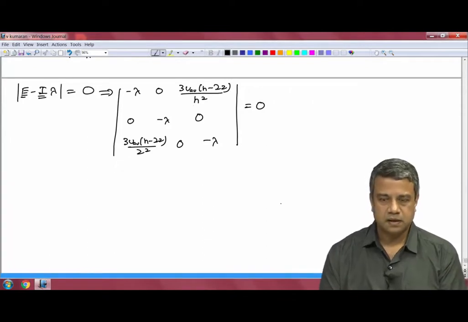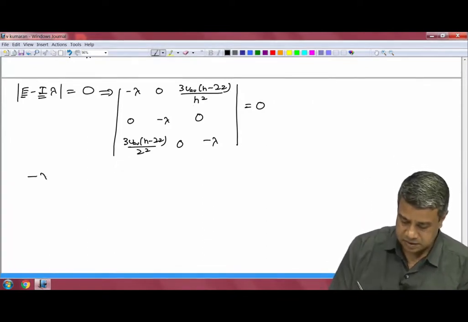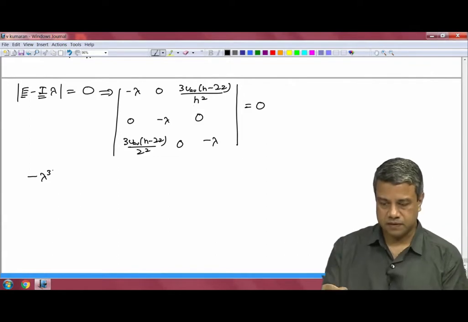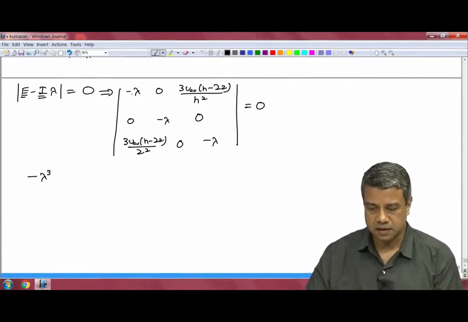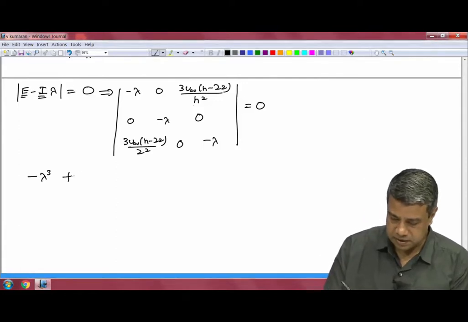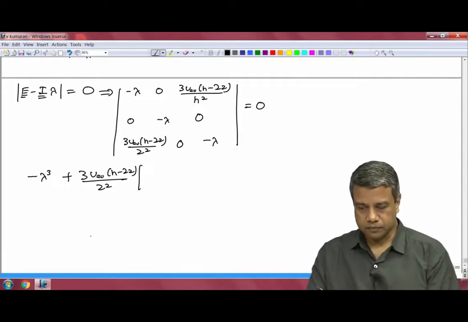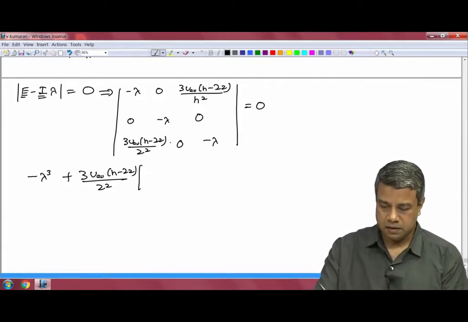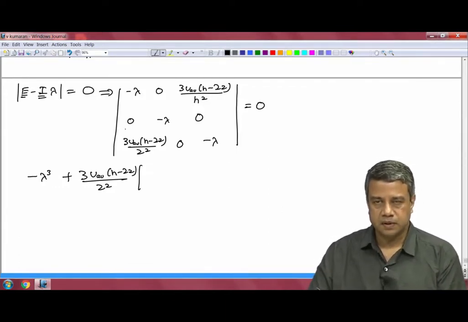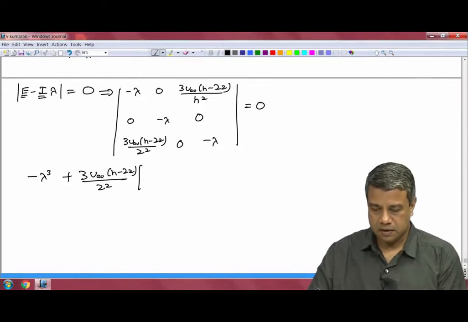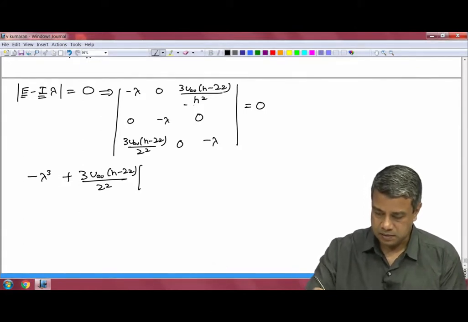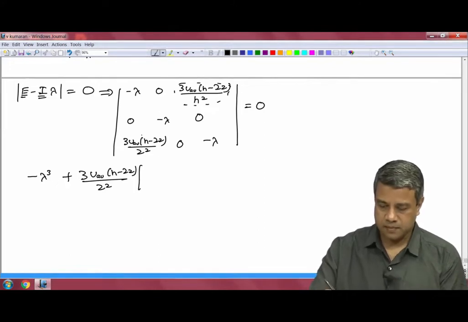You can calculate the determinant quite easily. It just gives you minus lambda cubed, that is the first element there. The second element is multiplied by 0. The third element is plus 3 by z square into the element here, multiplied by this matrix.